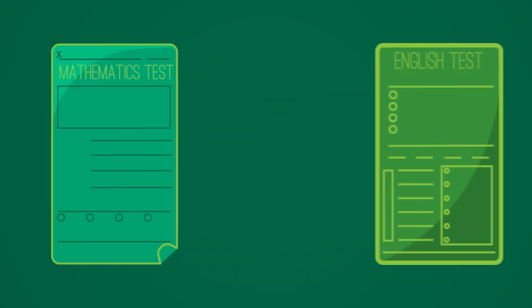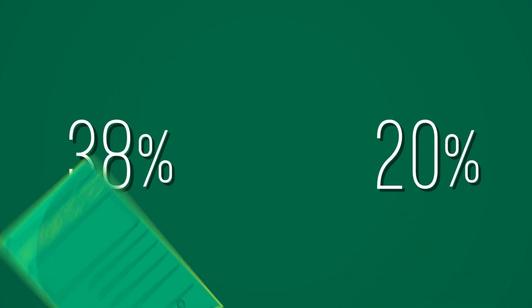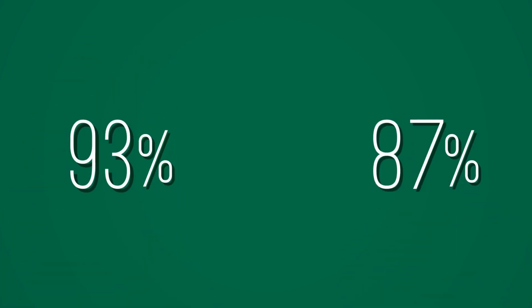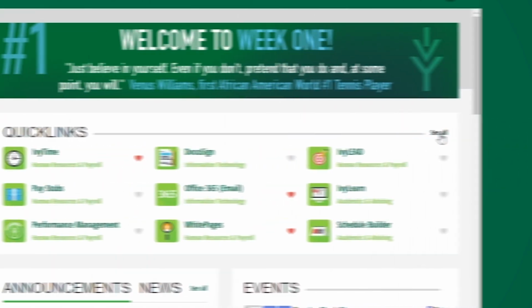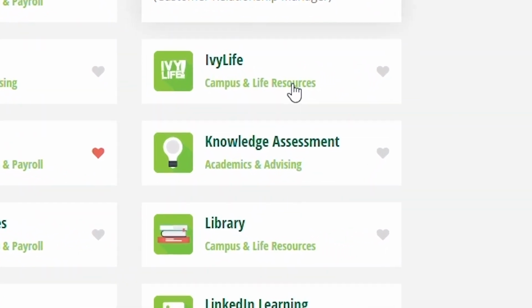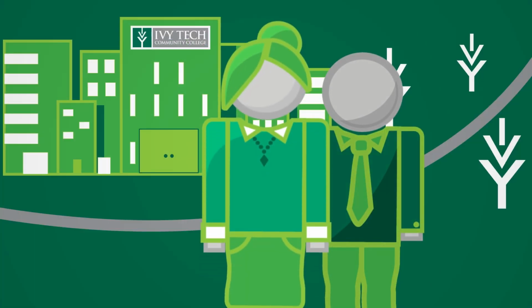The knowledge assessment includes a diagnostic test in math and/or English. If you don't reach the score needed for your course, you can work in the program to increase your score. You will start knowledge assessment by clicking on the knowledge assessment button in FYIvy. Check with your advisor or admissions representative for more information.